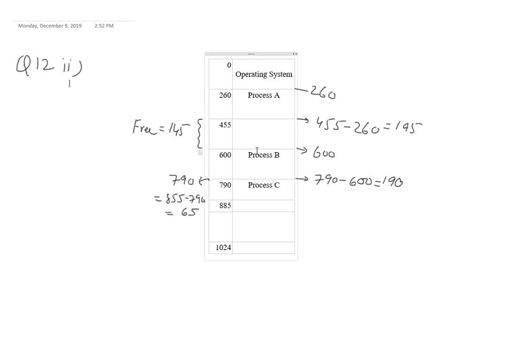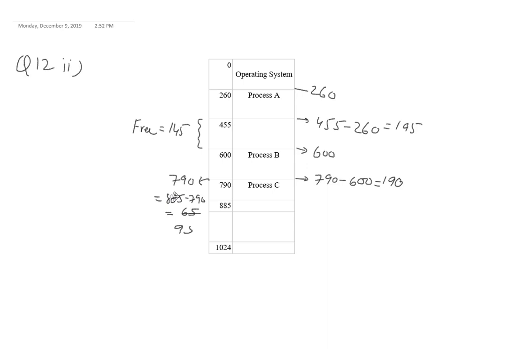The starting is 260, the ending is 454. For process B, the starting is 600 and the ending is 789. For process C, the starting is 790 and the ending is 884. The size of process C is 885 minus 790. Okay, this is not 55, I have done it wrong, so let me delete it. It is actually 885, so let me change it so that you don't get confused. So 885 minus 790 is 95.